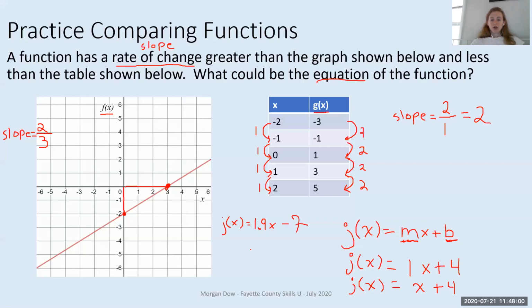You could have j of x equals 3/4 x plus 0. You could actually just have a y-intercept of 0. So you could do plus 0 there, which means you actually don't really need to write anything. So there's literally infinitely many things you could write for this specific problem, but there's a few examples to get you started.